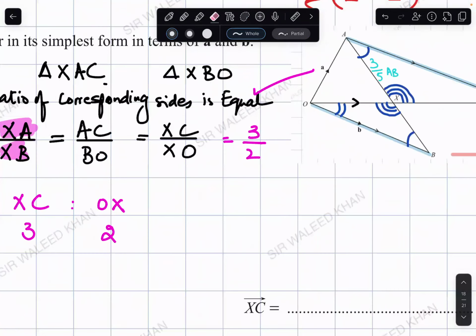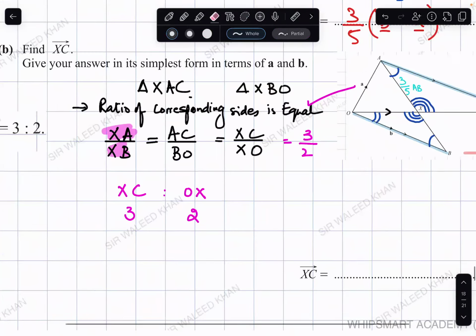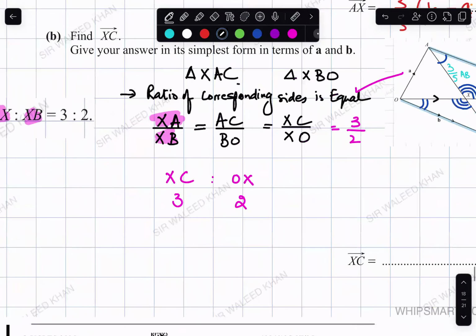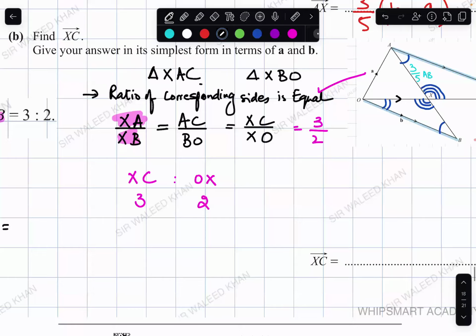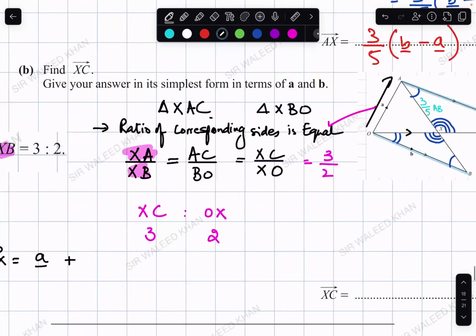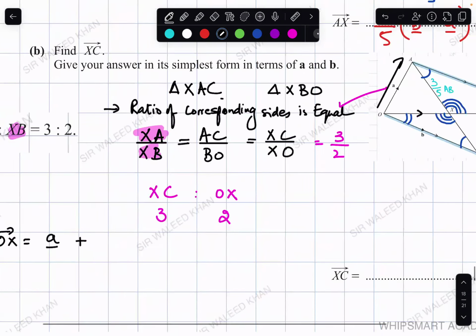Okay. So OX, I can say that OX is in the same direction as OA. So A is positive. And in the same direction as AX. So AX is also positive. What was AX? 3/5 (B minus A).